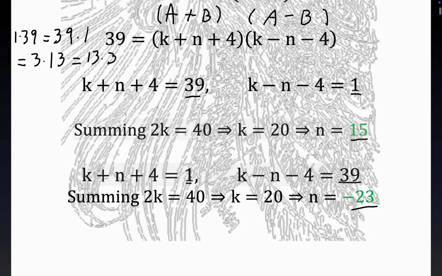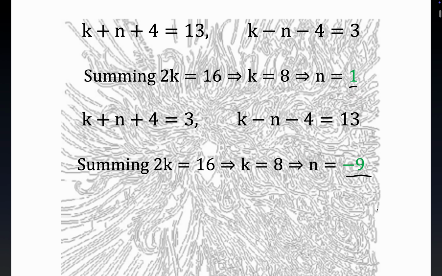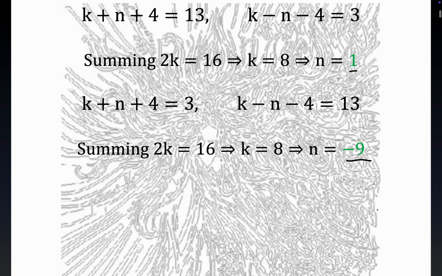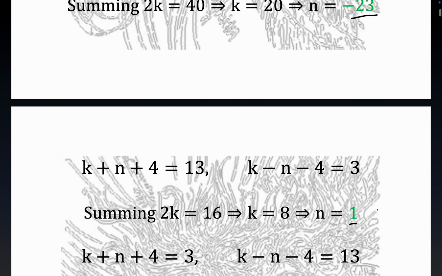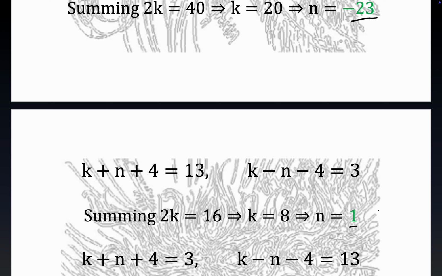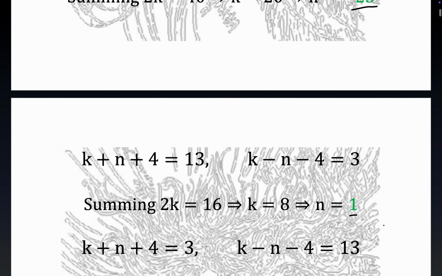If you considered -1 and -39 here, you would get k is equal to -20, but you would still get -23, and so on all the way down. Again, I would have to do double the work, but you get the same answers when you multiply the negative versions of these 4 cases.